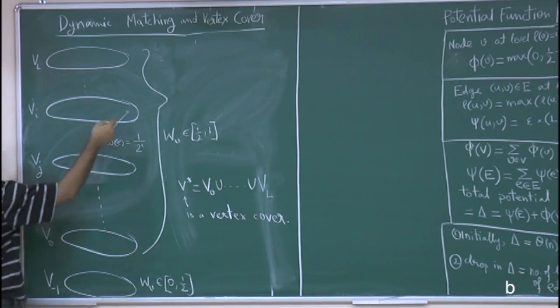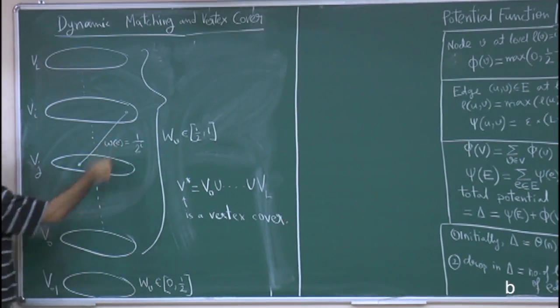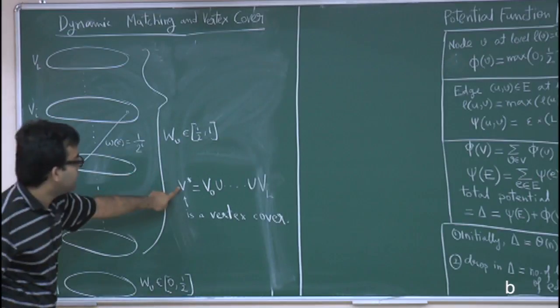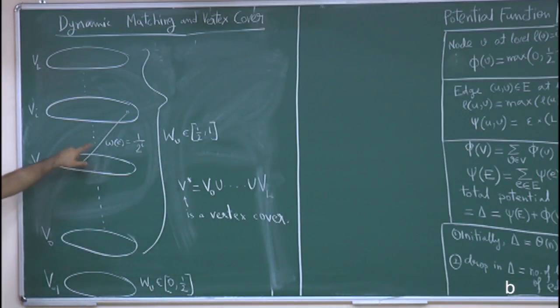So, I here is the higher endpoint, so its weight will be 1 by 2 to the power I. This was the thing we had. And now, we saw that this structure will give us a 4 approximate vertex cover. So, V star will be a 4 approximate vertex cover, and these fractional weights that we are maintaining will give us a 4 approximate maximum fractional matching.